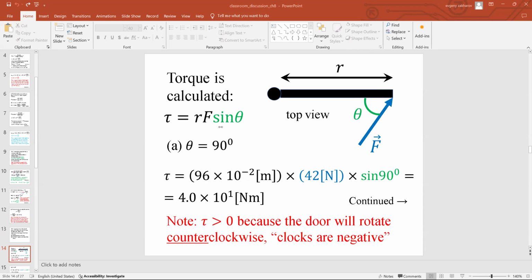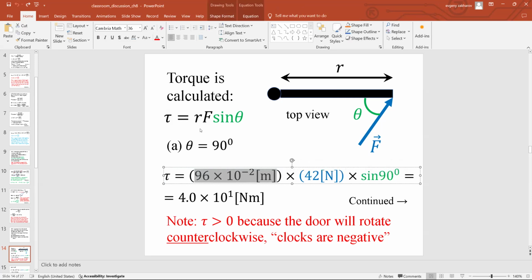And the torque is calculated as the position vector, the force, and the sine of the angle between the two. So R and F, this is your angle of reference. If it's 90 degrees, it's just sine of 90, which is 1.